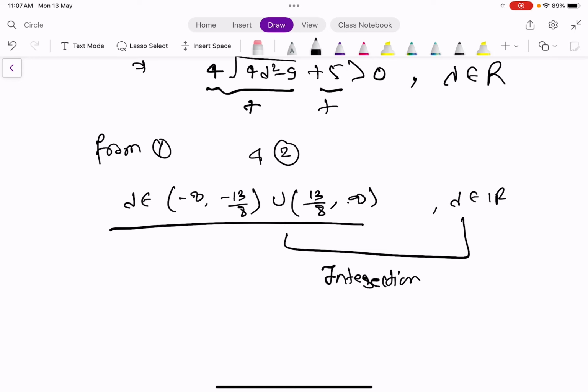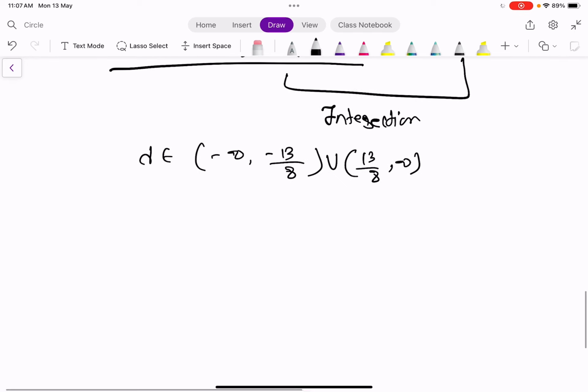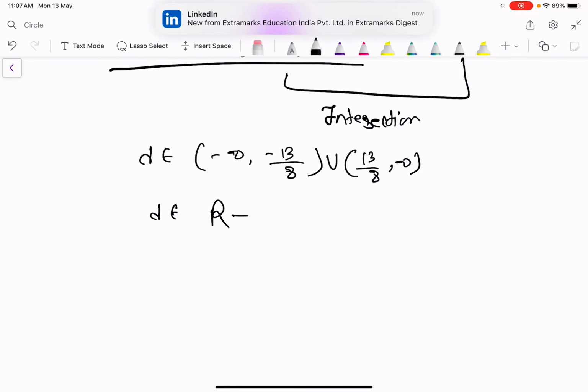So we can directly say lambda belongs to minus infinity to minus 13/8 union 13/8 comma infinity. Basically this same value can be written as lambda belongs to the real numbers minus the closed interval minus 13/8 comma 13/8.